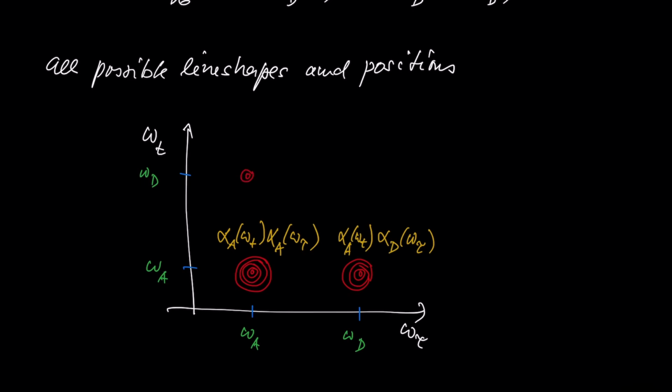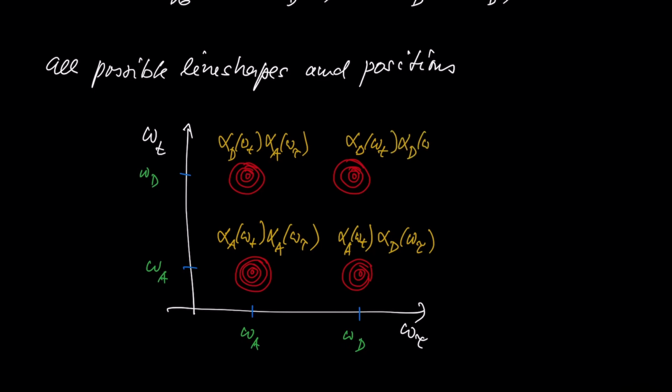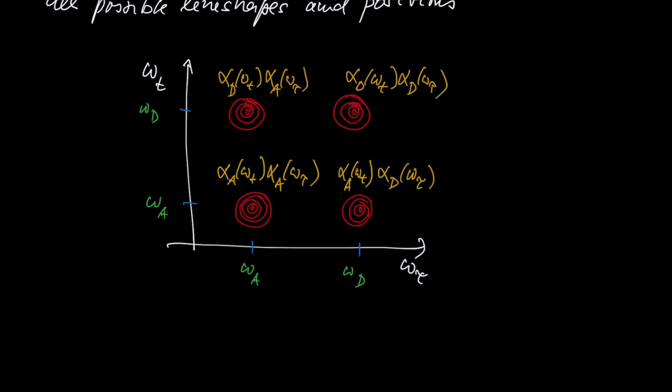And the same will happen here and here, by the simple fact that we can have alpha D omega T and alpha A omega tau, and here we have alpha D omega T and alpha D omega tau. These are four line shapes that can contribute with plus and minus signs, but only these four spots can actually be seen in the 2D spectrum.